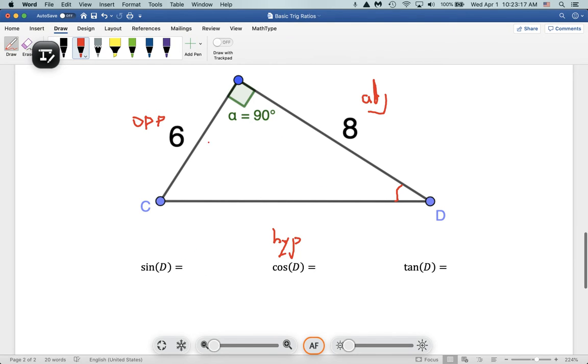Opposite from this angle is 6. Hypotenuse is, we don't know the hypotenuse. This is another situation where it's nice it's a right triangle. We can use Pythagorean's theorem. We can use that a squared plus b squared equals c squared.